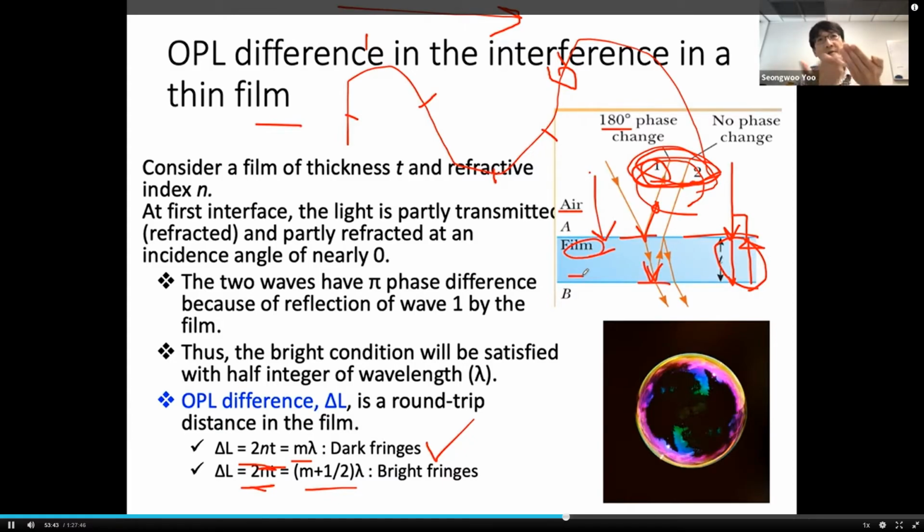So there are multiple layers of thin films coated on top of the lens surface, and the rainbow colors are actually generated by the thin films. So the lens itself is not going to generate thin film interference, but the anti-reflection coatings on the lens surface will generate the interference pattern. All right, I will now move on to the next topic.